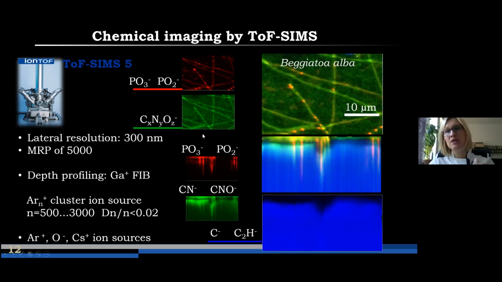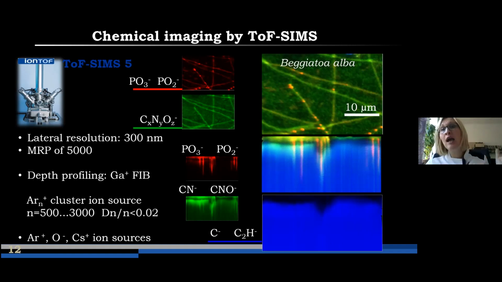And the beauty of this instrument is that you can record the whole molecular fragment spectrum. So you do not have specific masses like you have with nanosims. With nanosims, you have to choose the mass beforehand, and you can have up to 7 masses.